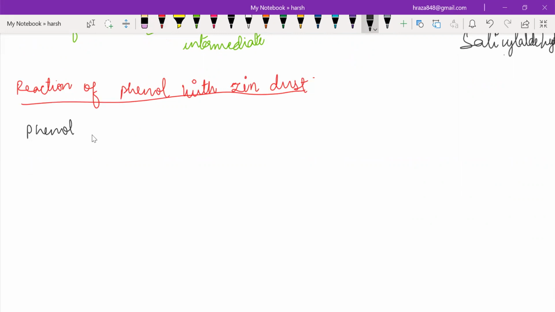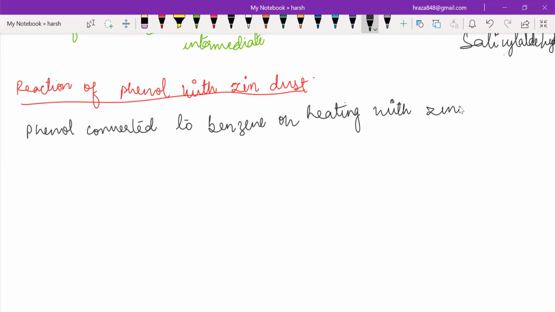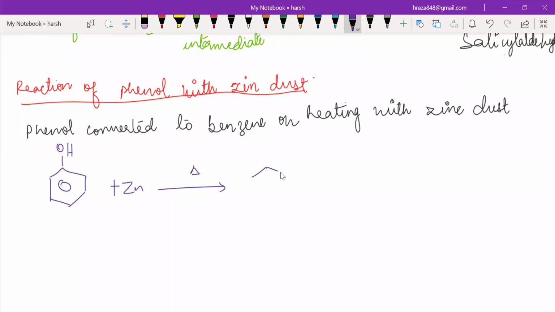Phenol is converted to benzene on heating with zinc dust. So you can see, if you react phenol with zinc and heat it, then you will get benzene plus ZnO.